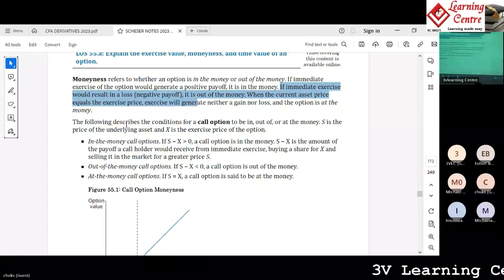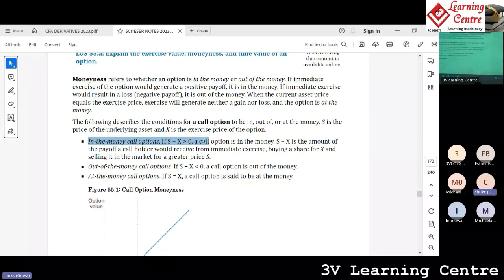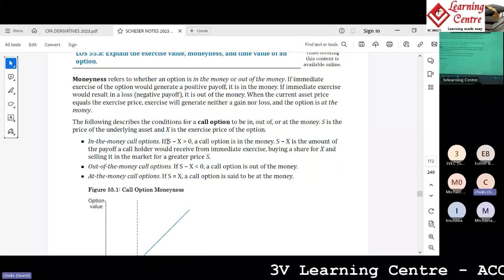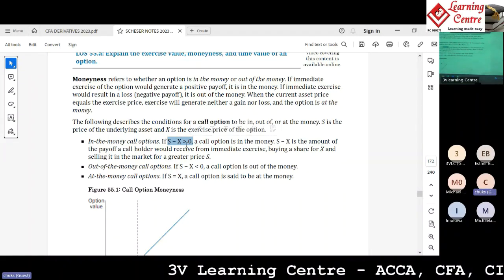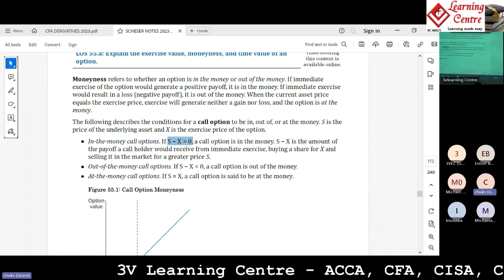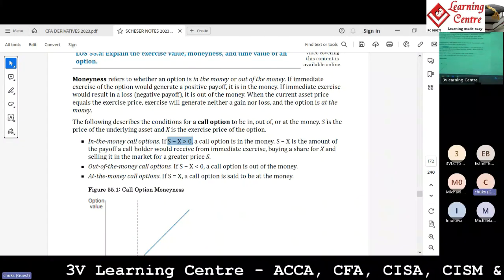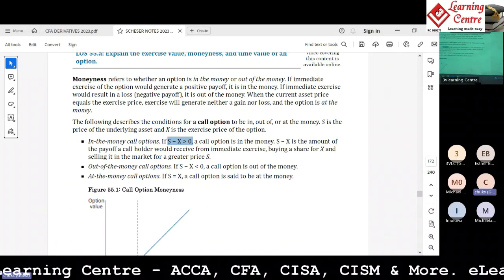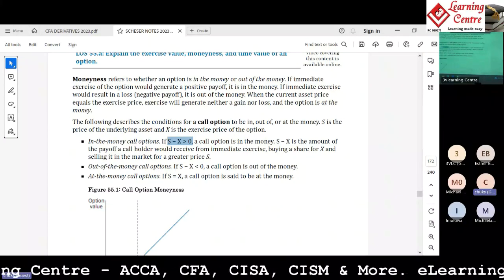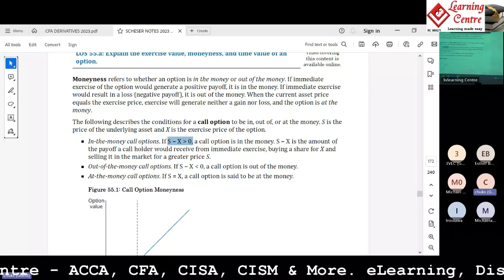Okay? So this same thing explains what we have said in the money. Remember we said S, so we need to remember this notation again, because we'll now use it a lot more now. S is the value of the underlying, and X is the exercise price, which is the price we have both agreed before.